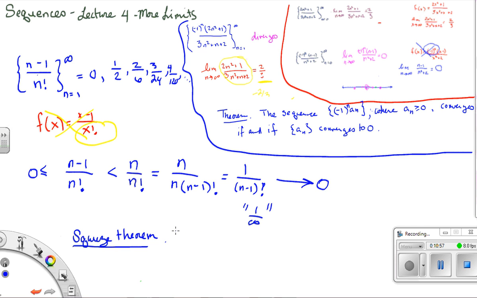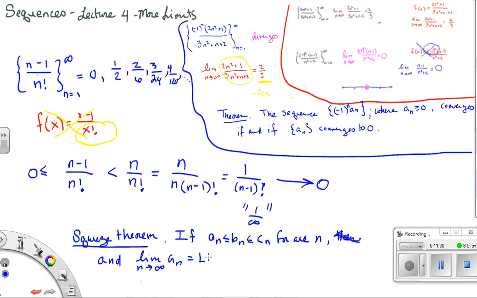Okay, the squeeze theorem. If we have three sequences, a_n less than or equal to b_n less than or equal to c_n for all n, or really for all n past a certain point, that's good enough, and the limit as n goes to infinity of a_n equals L equals the limit as n goes to infinity of c_n, then what do you think we're going to say?